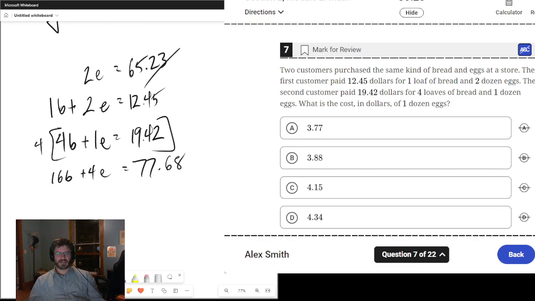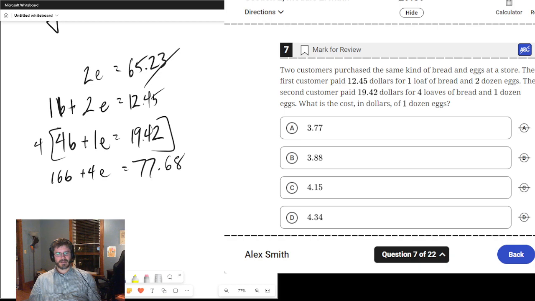That doesn't seem right. $19 for 4 loaves and 1 dozen eggs? What country do they live in? So that number does not seem plausible based on what I've got there. So I'm going to double check.